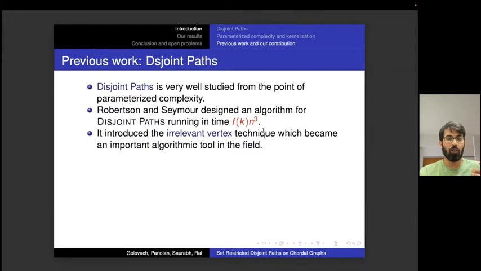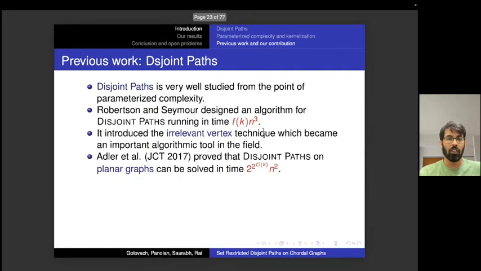One of those graph classes where this was studied was planar graphs. Adler et al. proved that this problem, disjoint paths, can be solved in time 2^O(k) n^2 on planar graphs. So in double exponential time on planar graphs, this problem could be solved in a parameterized sense.